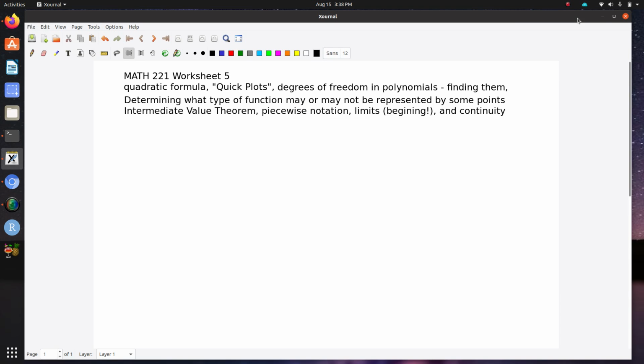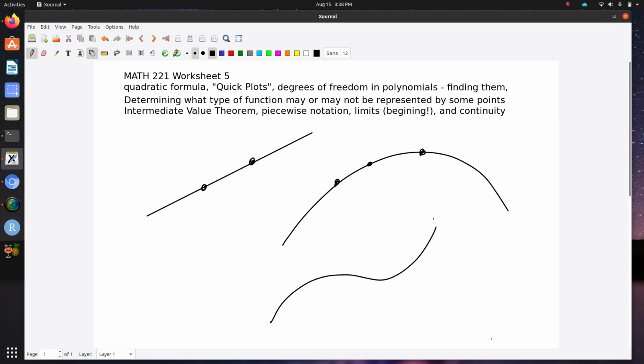Okay, so it took me longer than it should have to realize this as I was learning mathematics: 2 points uniquely determine a line, but it only takes 3 points to uniquely determine a parabola. And if you have a cubic, 4 points uniquely determine a cubic.